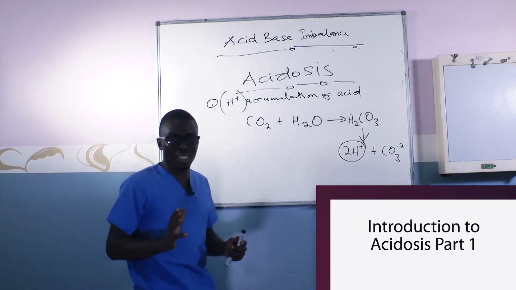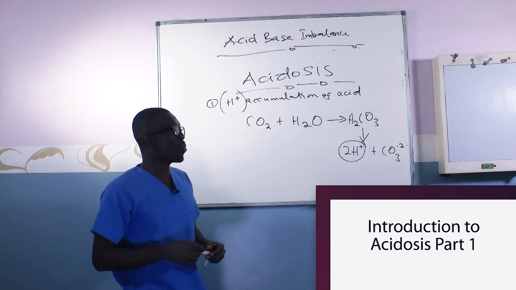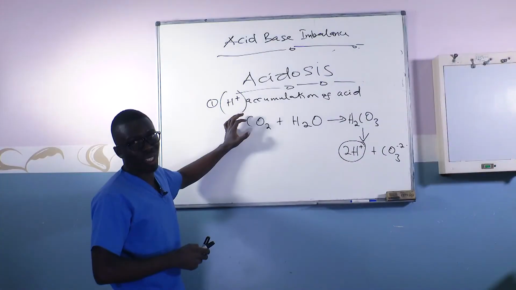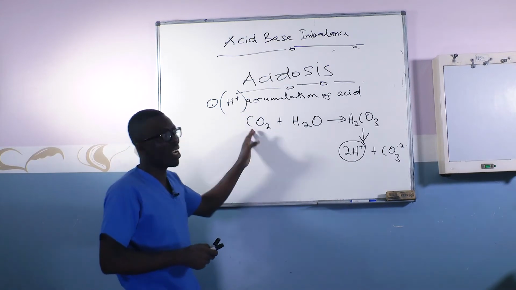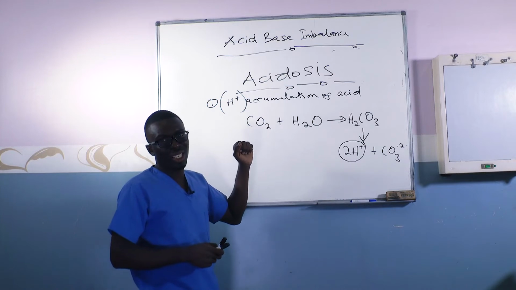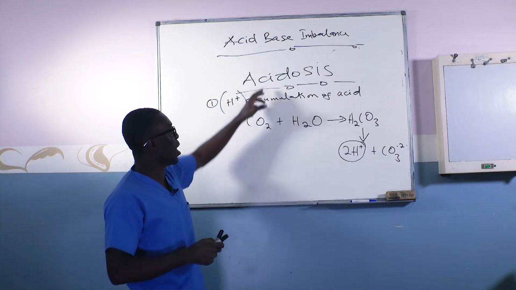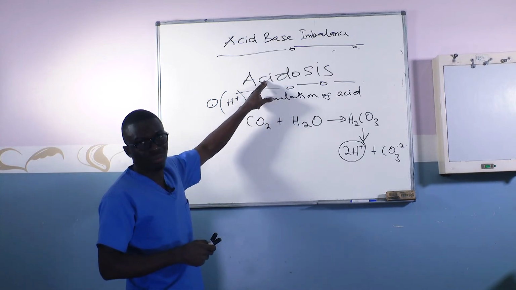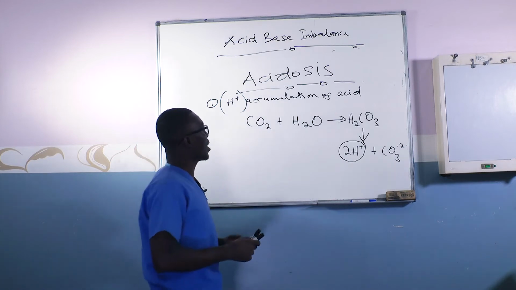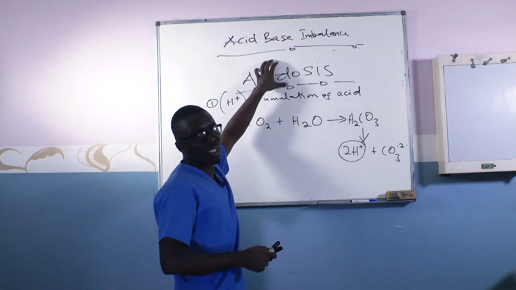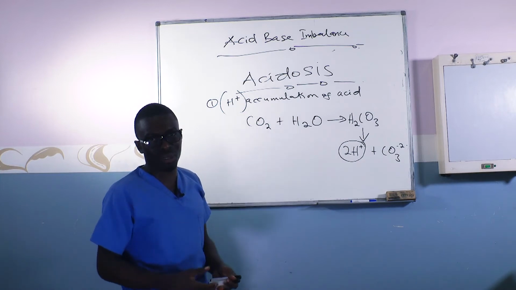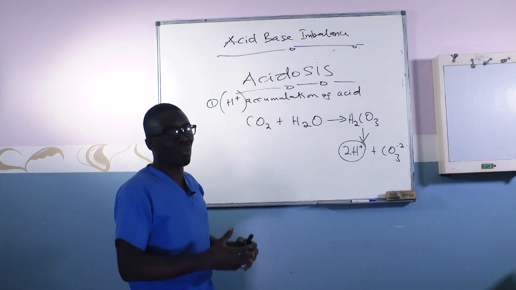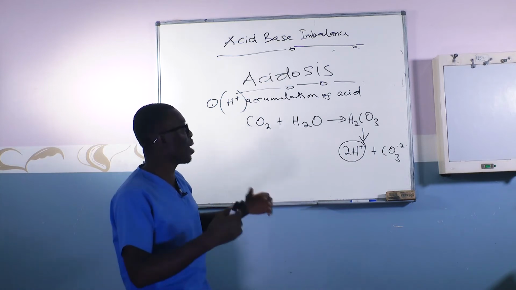So any condition that can result in a respiratory problem, or any condition that will lead to excessive accumulation of carbon dioxide in the body, can lead to what? Acidosis. Let's take it again. We are saying that to develop acidosis, it means that your pH level is less than what? 7.35. And if your pH level is less than 7.35, then it means that your blood is becoming more what?